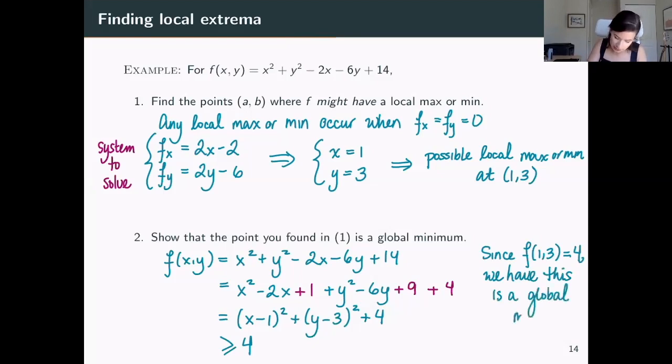The smallest that this function can possibly be is 4, and when we plugged this value into our function, we got 4. So it is a global min.